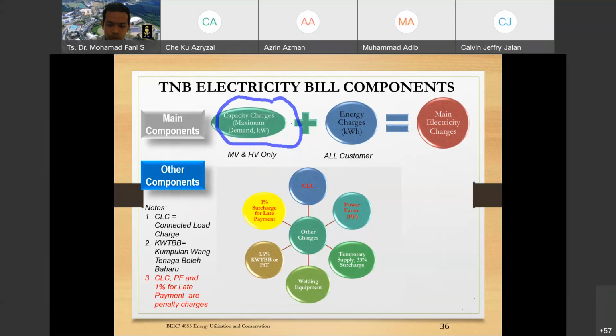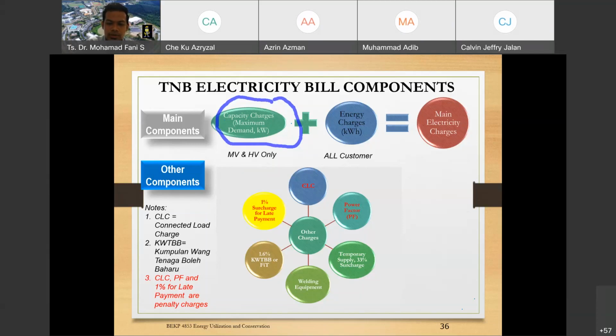Then there is welding equipment, special for contractors who use welding equipment in the building. So there are other special charges from TNB to the consumer.